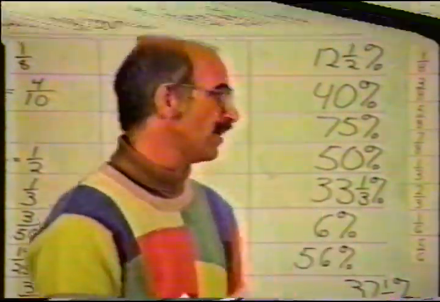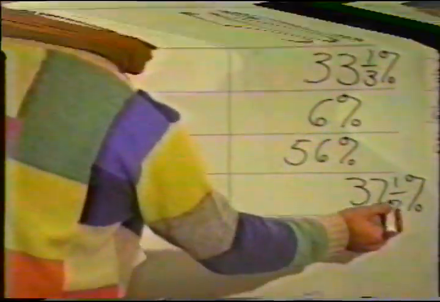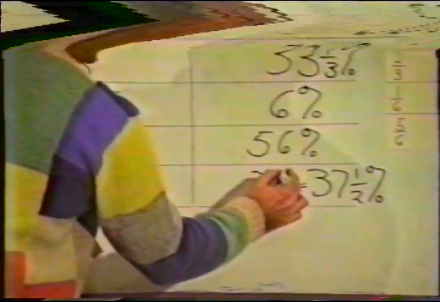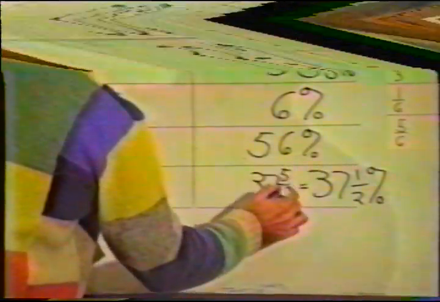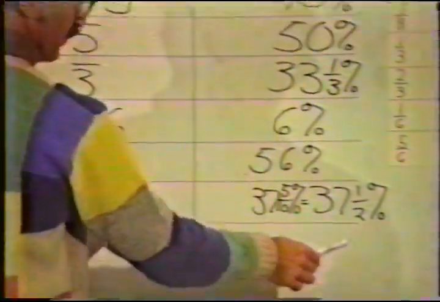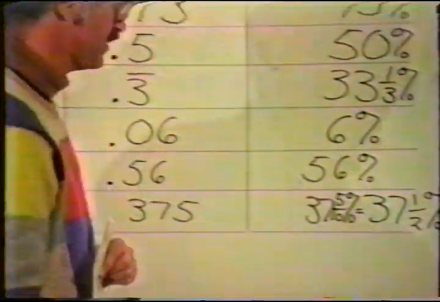Now, suppose you didn't quite have that memorized and you didn't have your chart and you had to do all the work. You would say that 37.5% is the same thing as 37 5/10%, still a percent. You just raise the 1/2 up to 5/10.